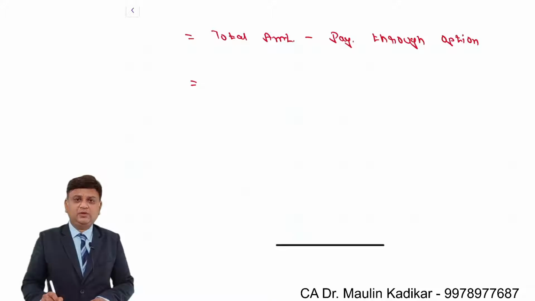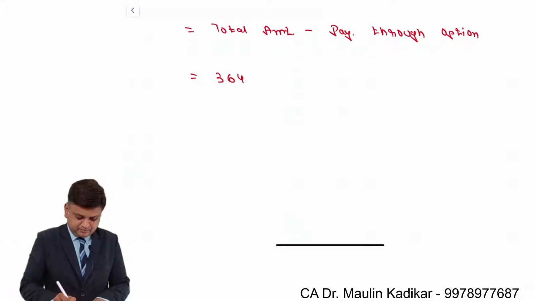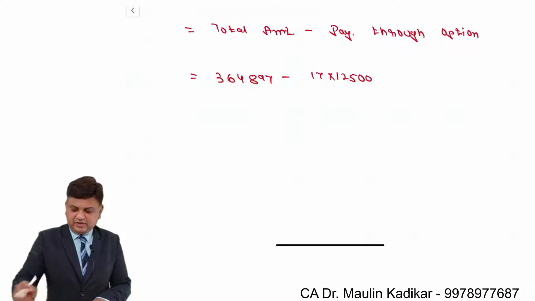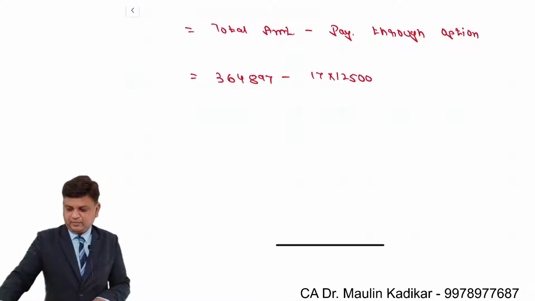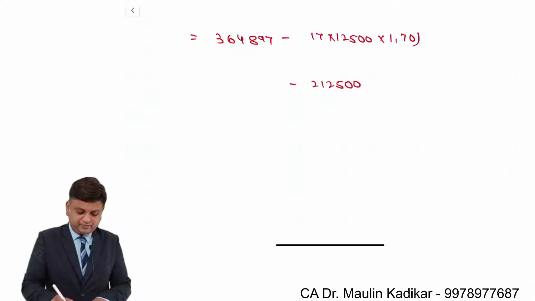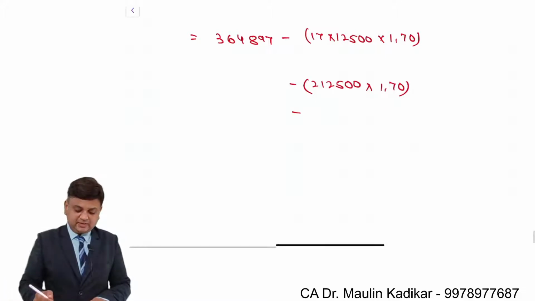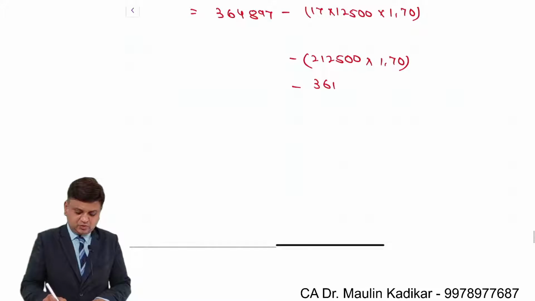Dear students, the total amount which is payable is 3,64,897 minus 17 into 12,500. That comes to 2,12,500 pound. That is what you are going to sell. For every 1 pound you will get $1.70. So that comes to 3,61,250.